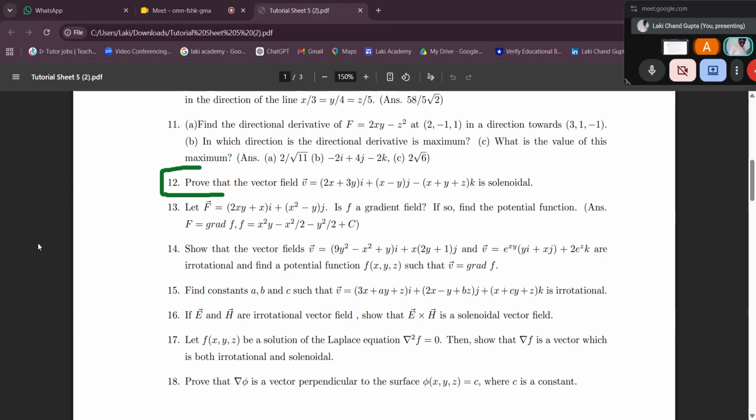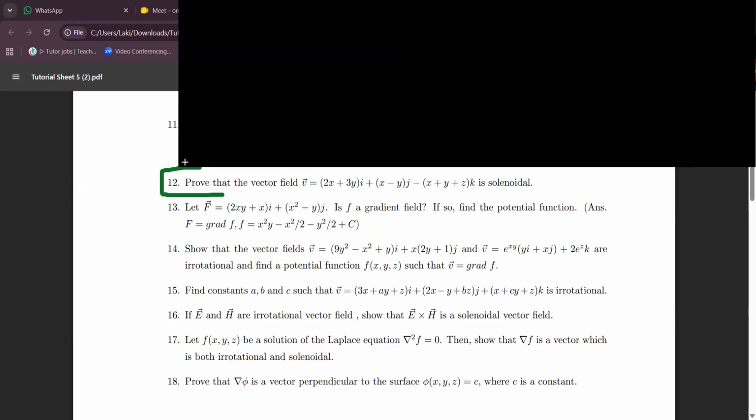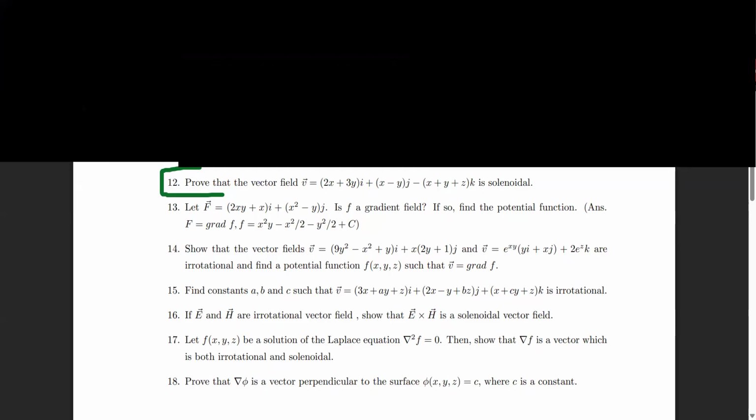Solenoidal means the divergence of vector v must be 0, right? So I am writing here question number 12. Vector v is given: vector v is (2x plus 3y) i, minus y j, (x plus y plus z) k, is solenoidal.